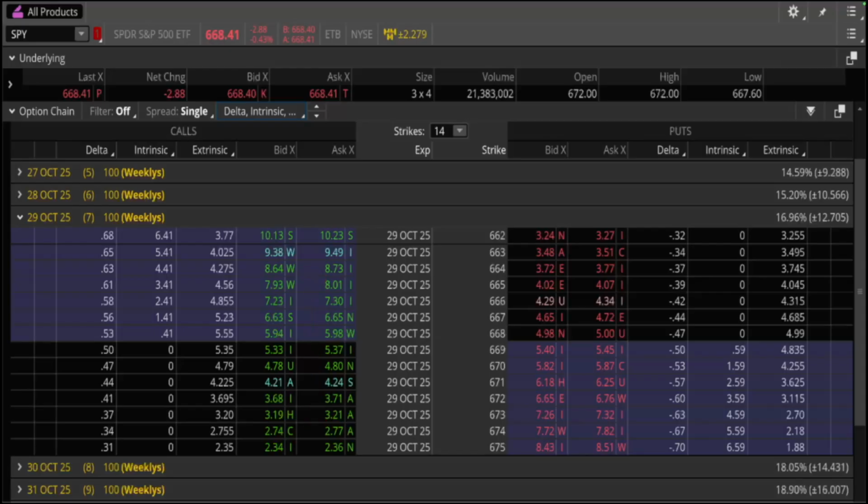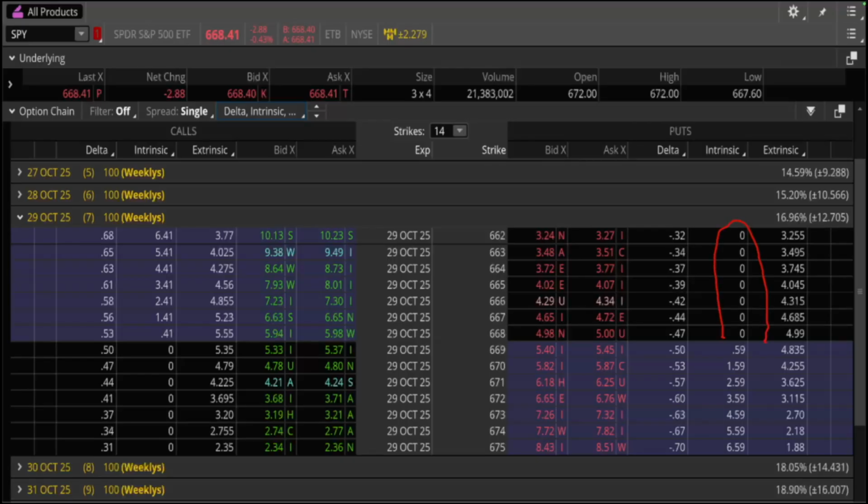Okay? And if you really look at this, it's the exact same thing on the put side, just completely opposite. Because with a put, you have the right to sell it to somebody at that price. If I can sell it to you at 669 and then purchase it for 668, that has intrinsic value of 59 cents, right? But if I can sell it to you for the current price of 668.41 and then buy it at 668, that has no intrinsic value.